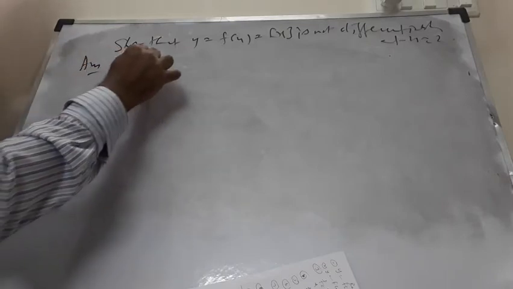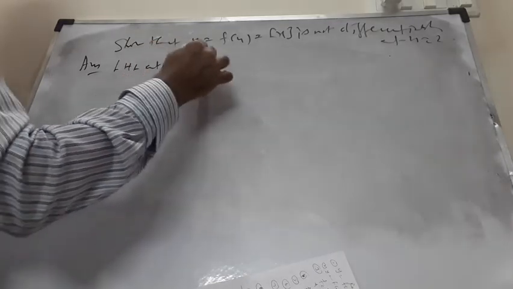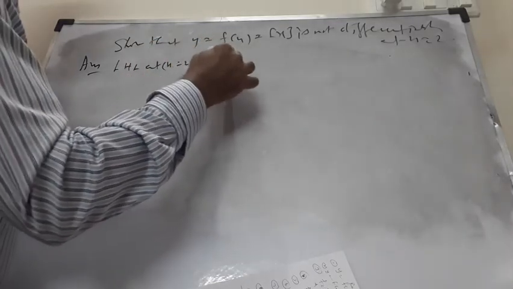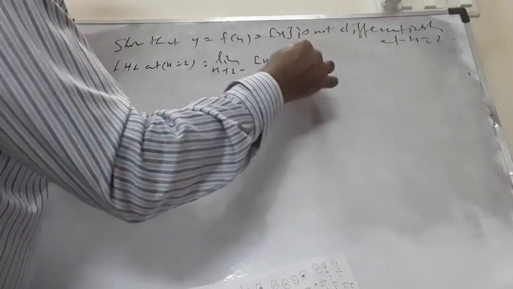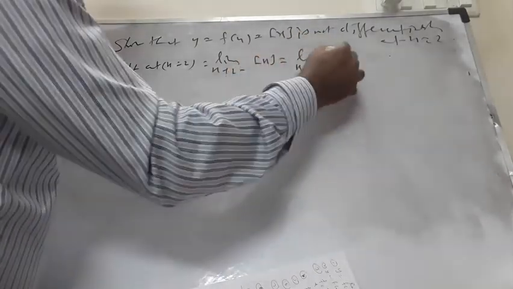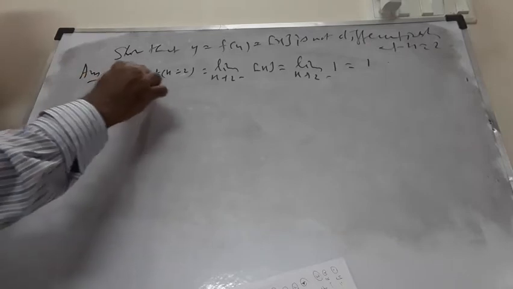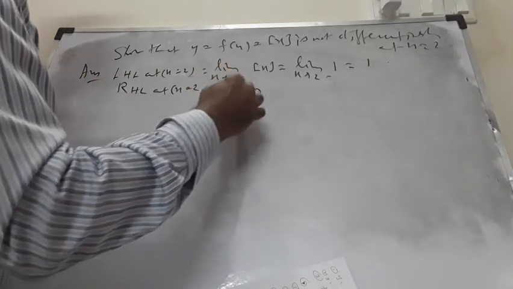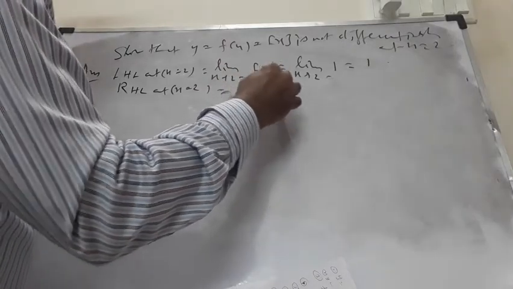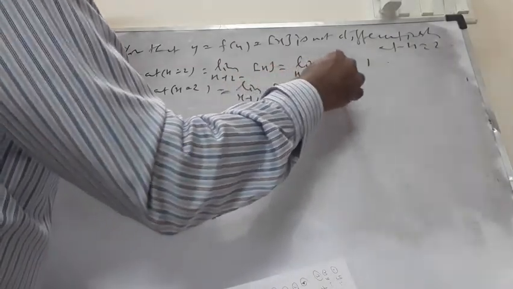Now LHL at x equal to 2 is equal to the limit as x tends to 2 minus of box x. For any value below 2, the box value is 1. This is reduced to 1. Next, RHL at x equal to 2 is equal to the limit as x tends to 2 plus of box x. For any value above 2, the box value is 2.